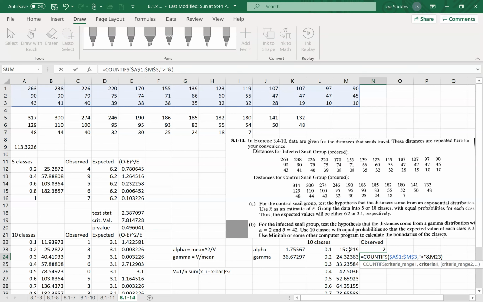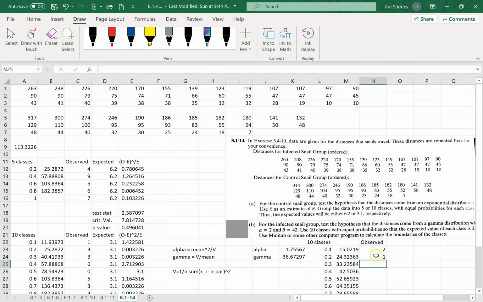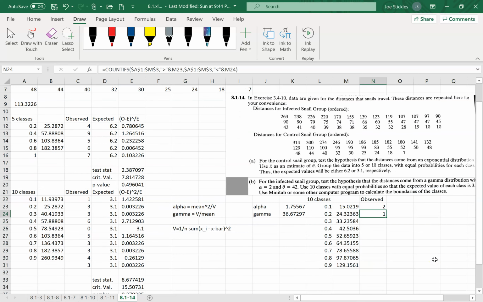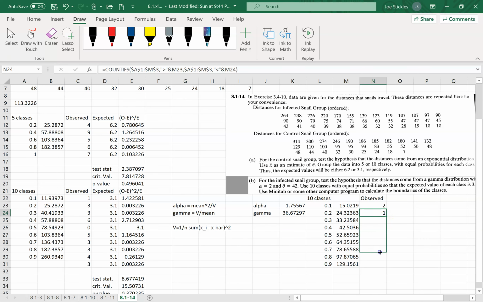Greater than the lower bound and less than the upper bound, which is right next door. Now pull to here.